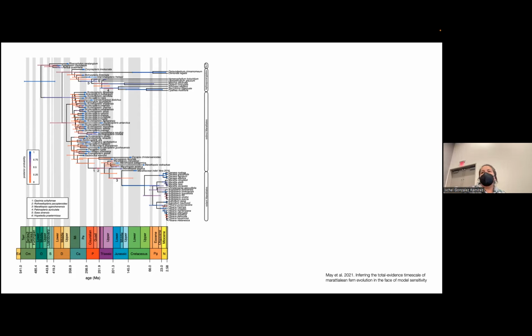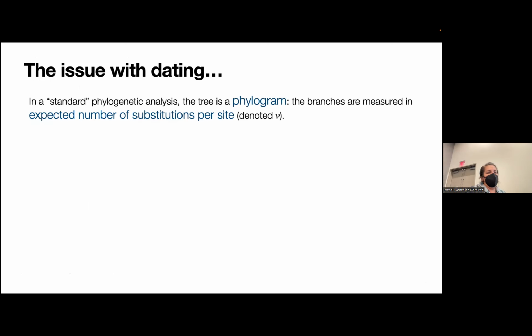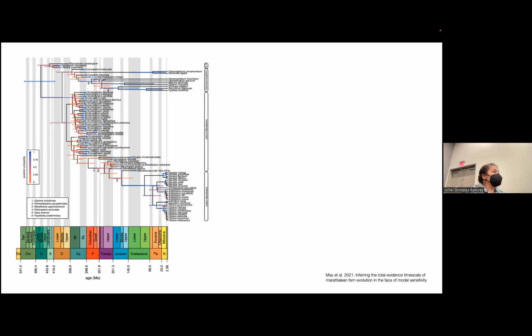So it would be a really good starting point for you to check details about how to run this type of analysis. I have a bunch of links in the tutorial. It's "Inferring the total evidence timescale of Marattialean fern evolution in the face of model sensitivity." The link is there, so you'll see it.